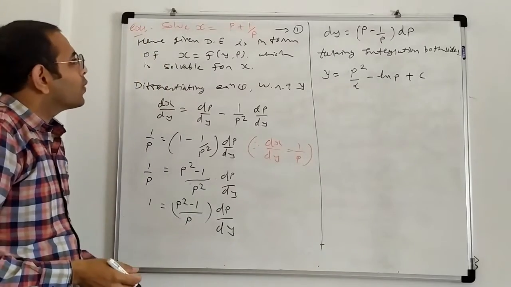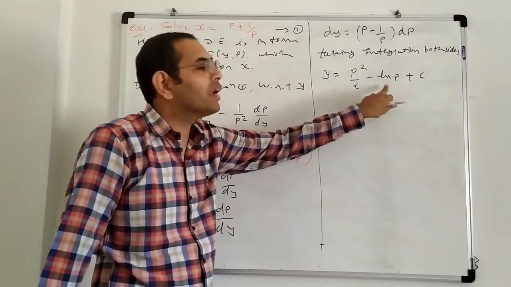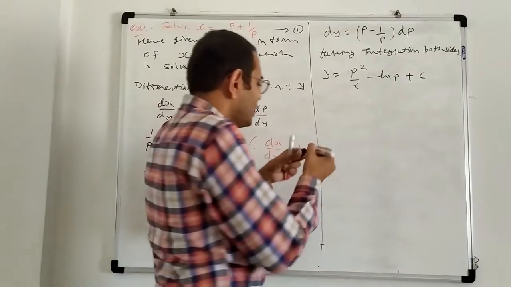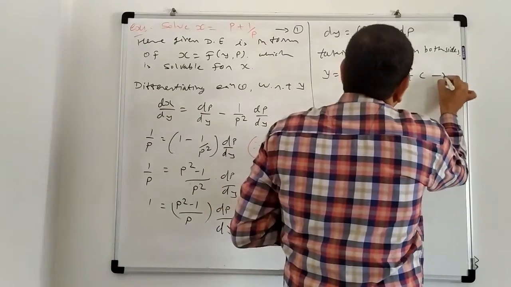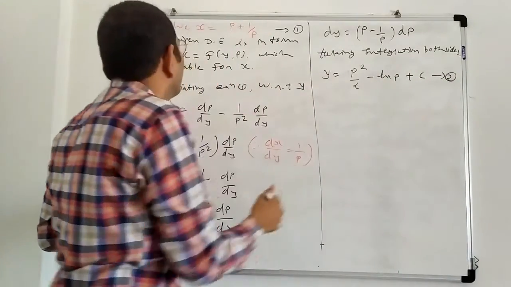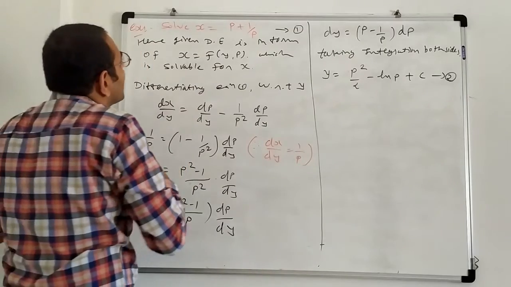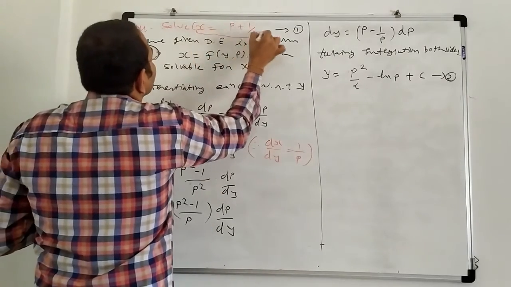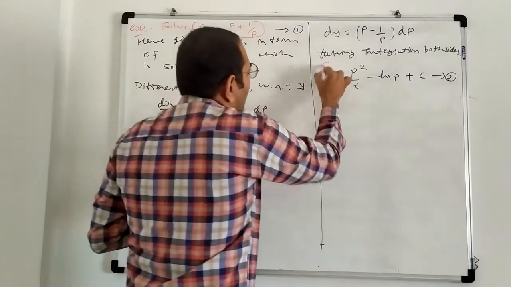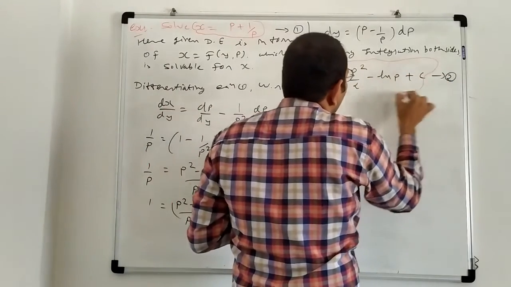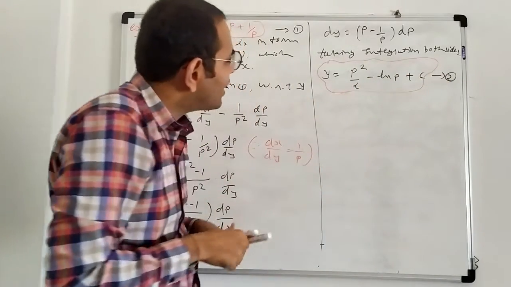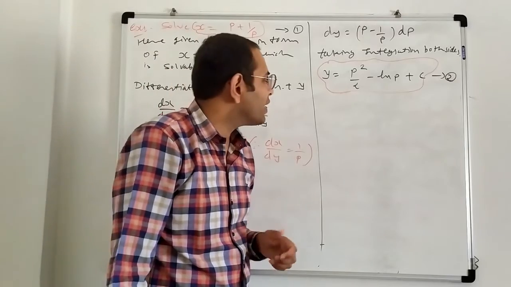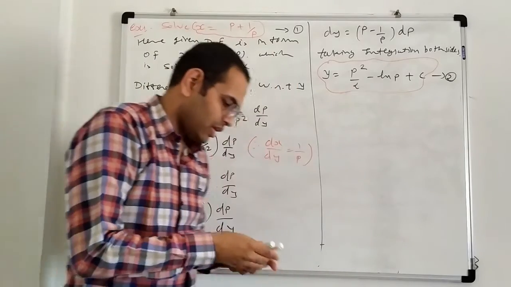Here we cannot eliminate p from equation 1 and 2. Equation 1 is x equal to p plus 1 upon p, and equation 2 is y equal to p square by 2 minus ln p plus c.